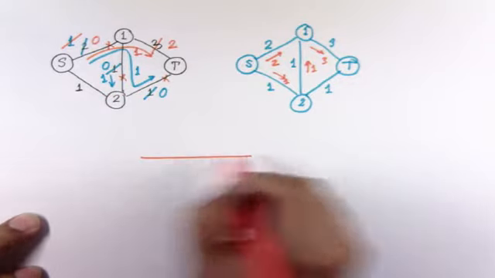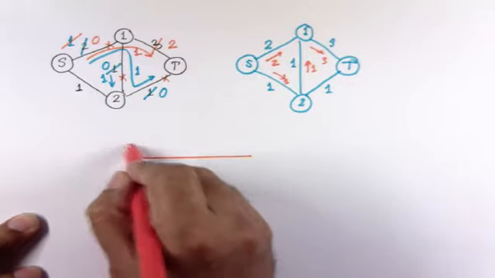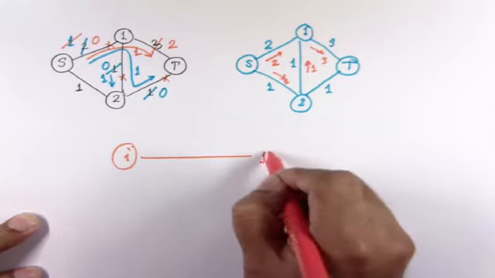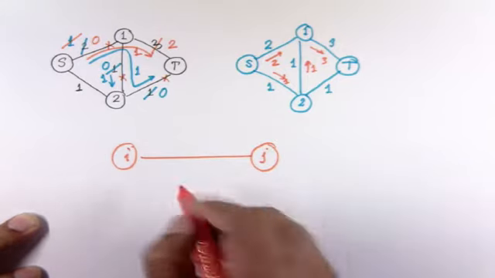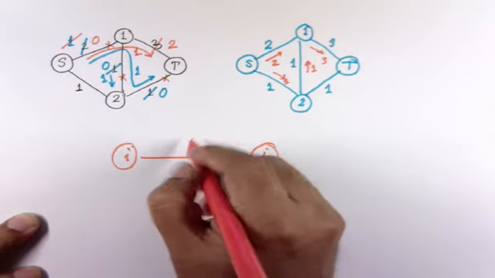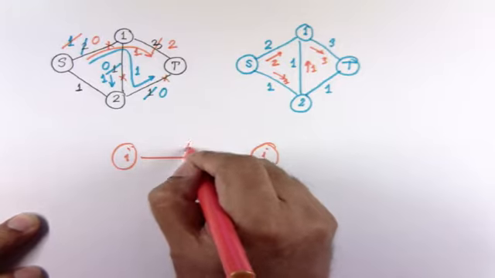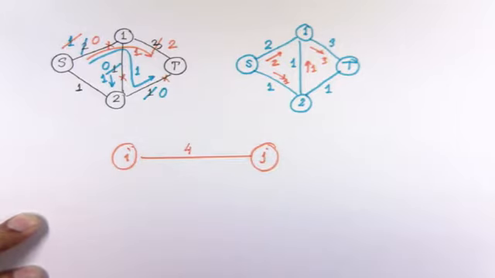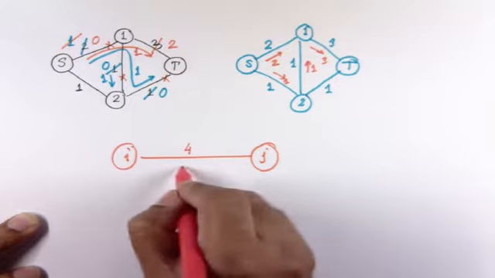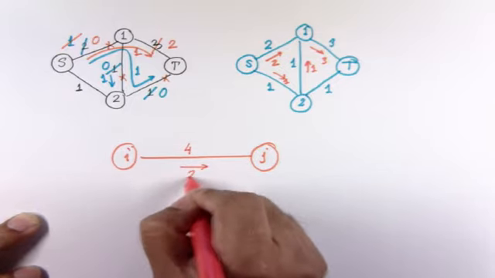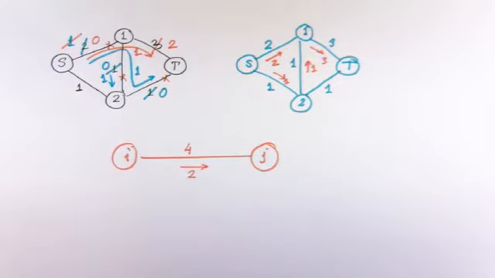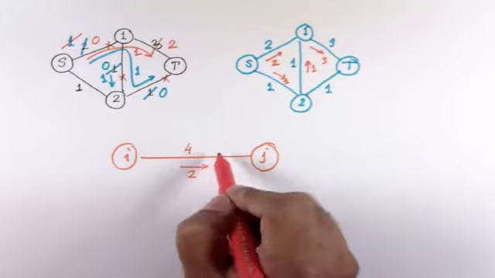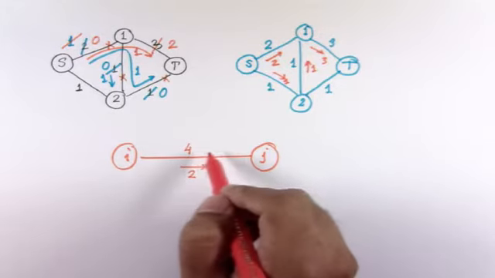Here is an edge. This had a capacity of 4, right? I am sending 2 units in this direction. So, in this direction, the residual capacity is 2.